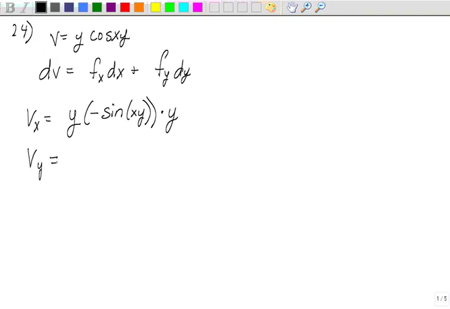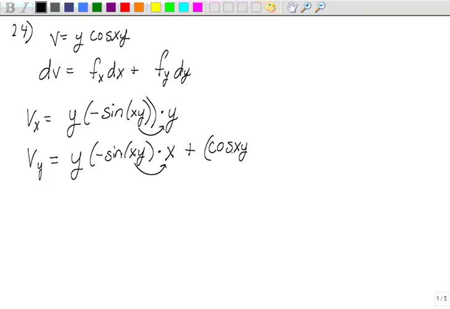Then V_y, we have to use the product rule. It's the first times the derivative of the second. This time x is a constant, so we take the derivative of y, which is 1, so I need an x. I'm taking the derivative of the inside, plus the second times the derivative of y, which is 1.